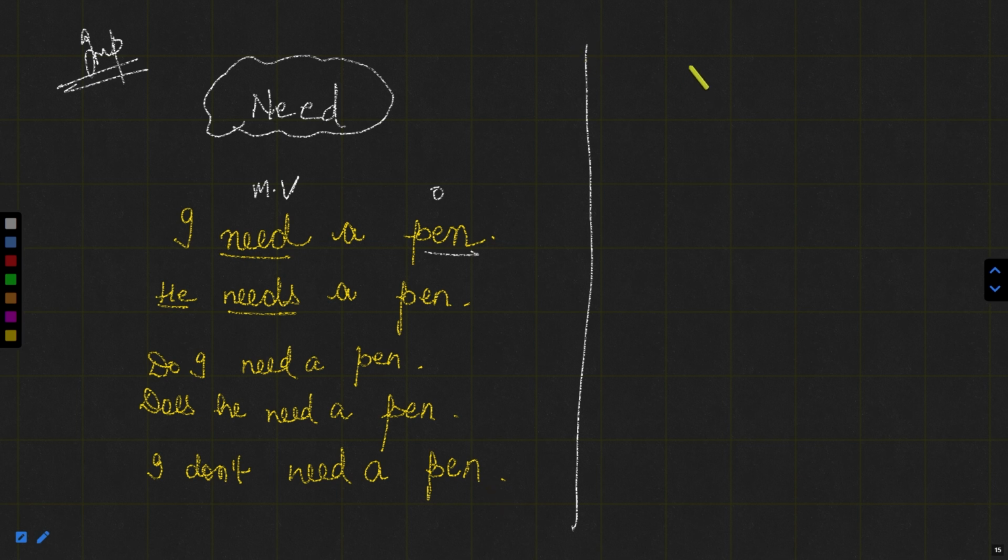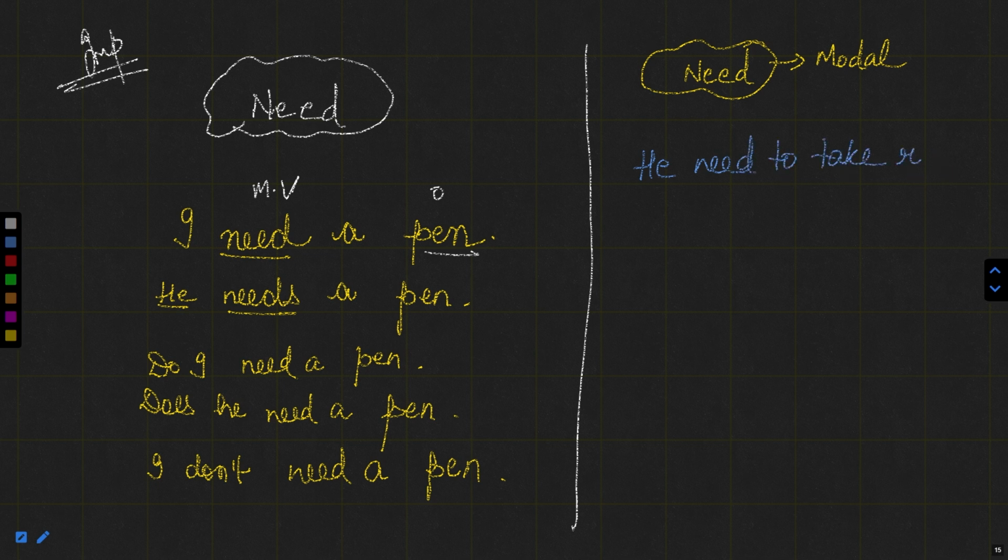But if I use this word need as a modal, now here we can have two structures. Now, need as a modal behaves like the word can, will, shall, or any modal. For example, if I say he need to take rest.